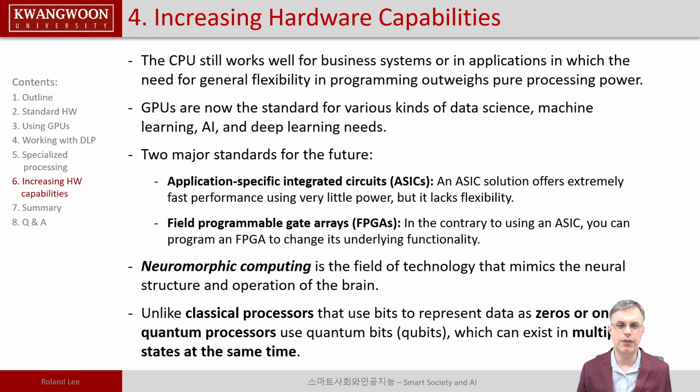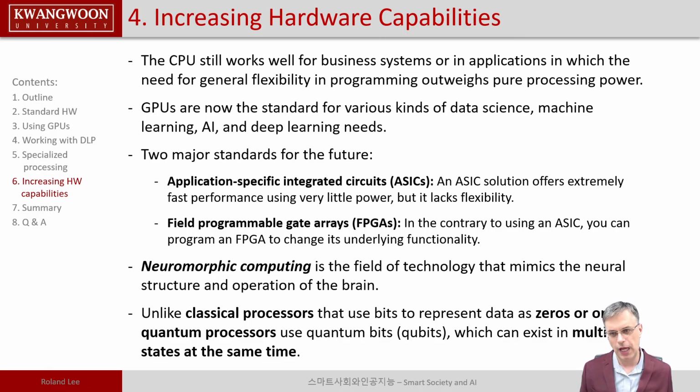Both CPUs and GPUs are production level processors. In the future, you may see one of the two kinds of processors used in place of these standards.